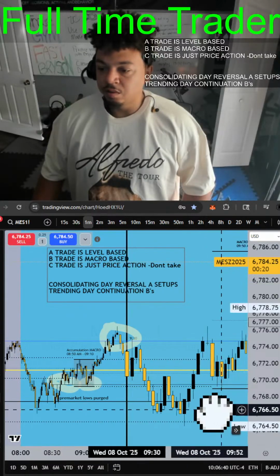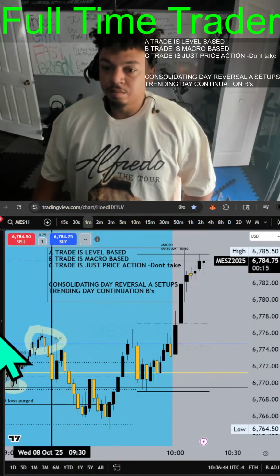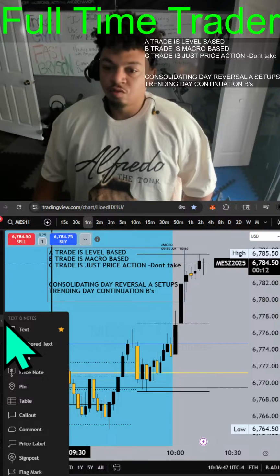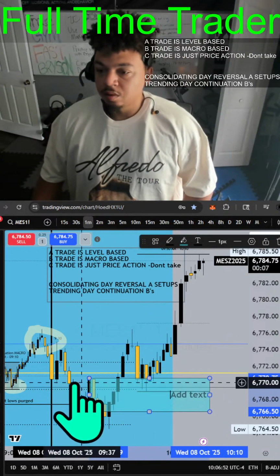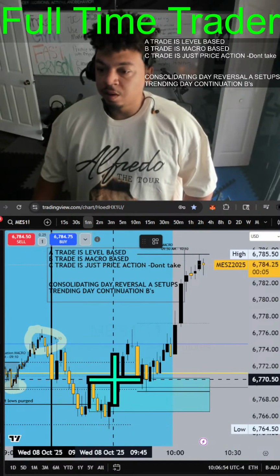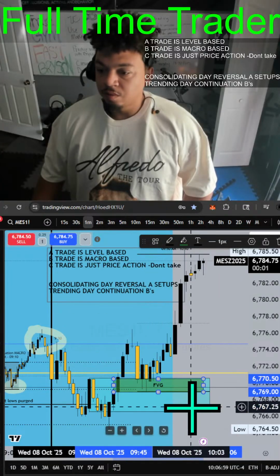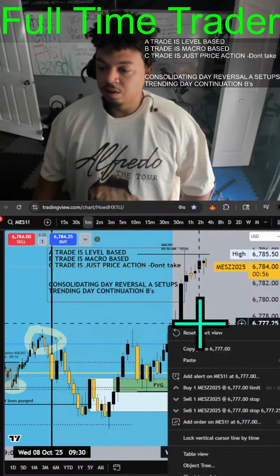Come back, perfect fair value gap, perfect breaker. If you're using straight price action, you've got the perfect breaker right here and the perfect fair value gap right here. It just depends what you're looking for. So that's just some concepts.